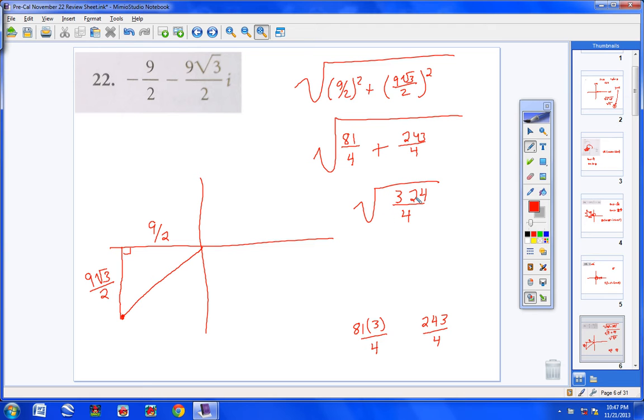Now the square root of 324 over 4, we can split that up. The square root of the top is 18, and the square root of 4 is 2. So the square root of 324 over 4 is 18 over 2, which is 9. A lot of work, but that's the hypotenuse, 9.